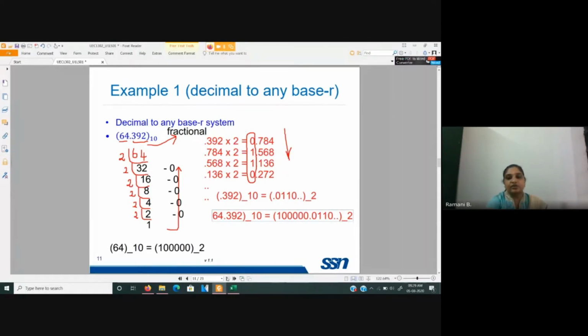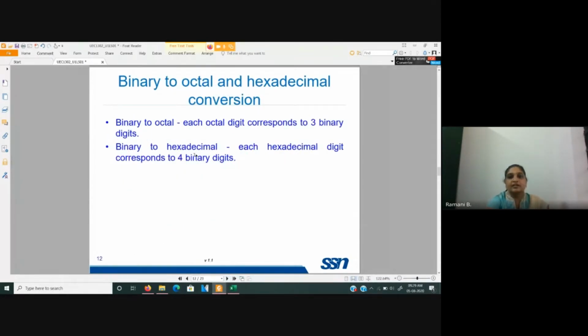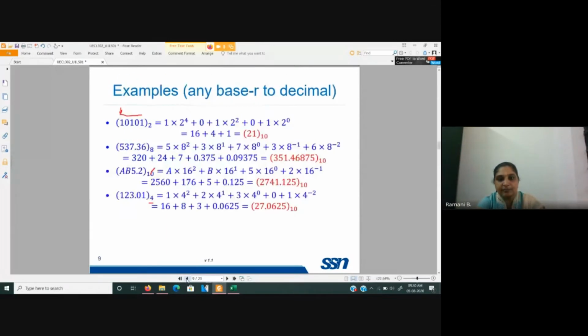The other way to do this, we will just see that. I will just copy this down. So, binary to octal and hexadecimal conversion. We shall see that conversion here. For binary to octal, each octal digit, that is 0 to 7, corresponds to 3 binary digits, as you can see in this representation table.